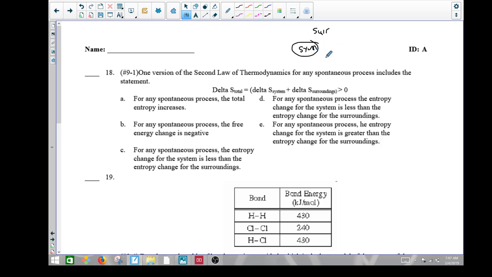They're saying that if you add the two up, it's always going to be positive. And we're gaining bigger than 0, for any spontaneous process. Okay, so which of these matches that idea? Take a second. I believe, in my point of view, this guy.